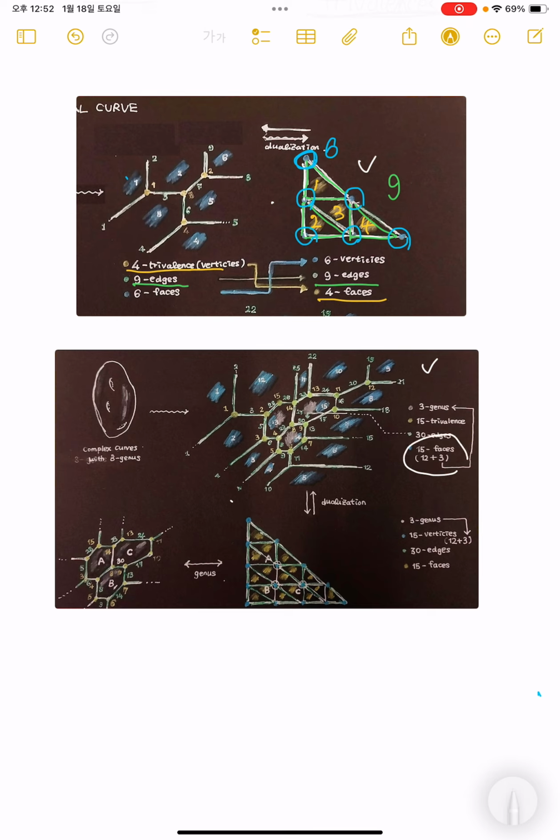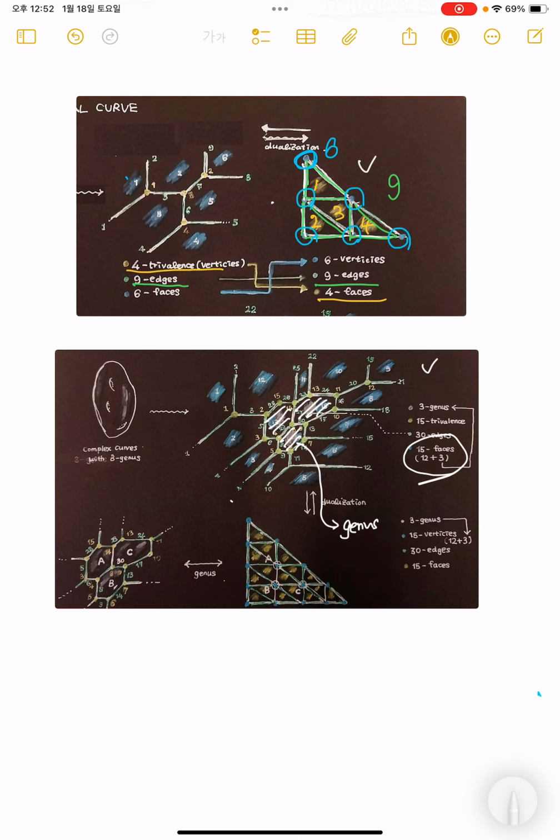Note that among the 15 faces, some points are surrounded by edges. In particular, we call these faces genus. So there are 3 genus among the 15 faces.